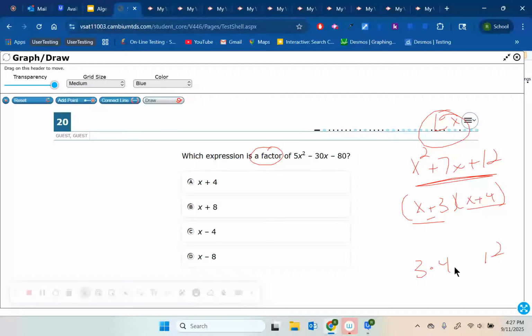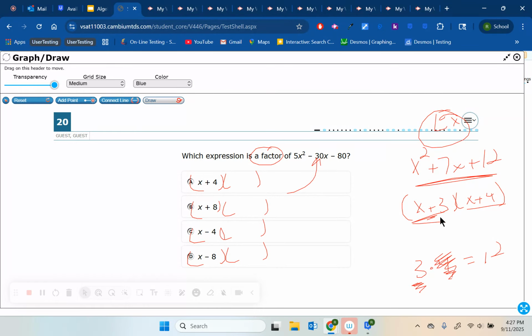Well, 3 times 4 gives me 12, so 3 is a factor and 4 is a factor. So I multiplied this guy times another, more likely another binomial, to get this answer. It's like I'm giving you the 3: what times 3 gave me 12?